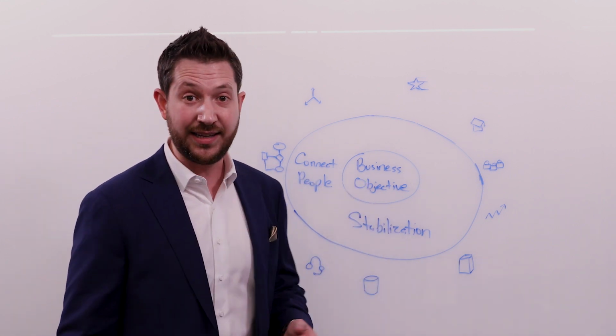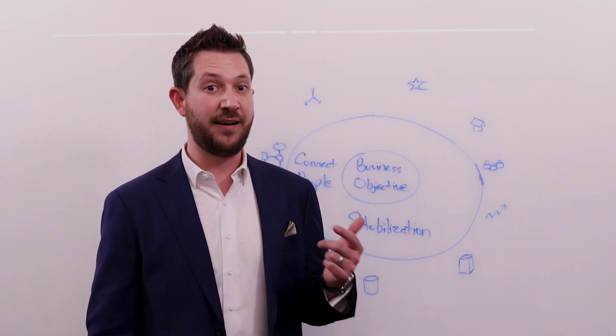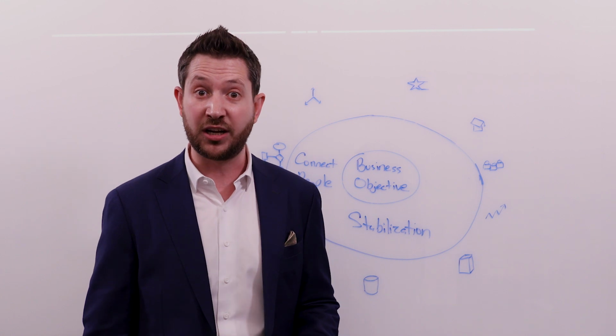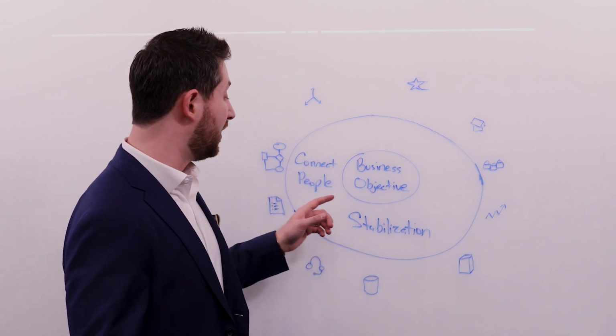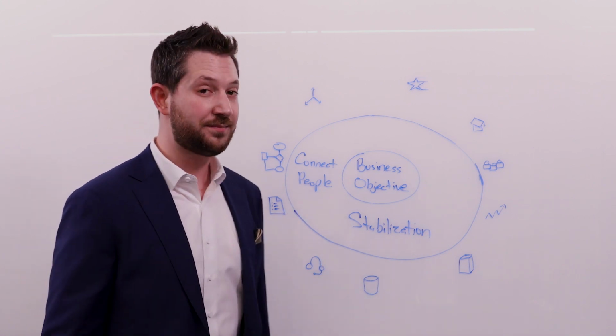So in a territory case, that means we're bringing together leaders from sales, sales operations, finance, maybe we're bringing in marketing and HR as well. So the job of a COE here is bringing the right people to the table.